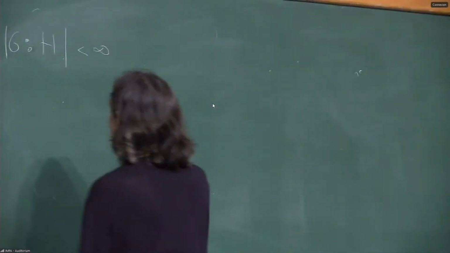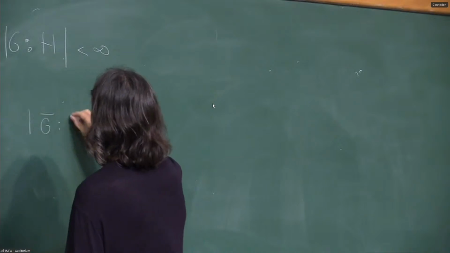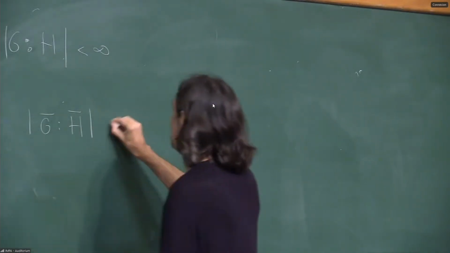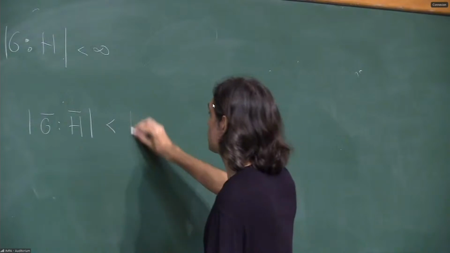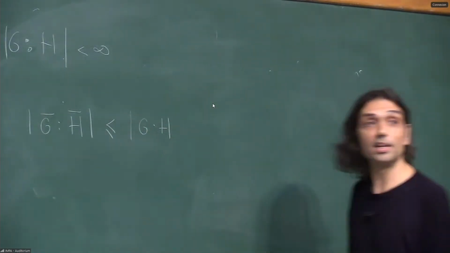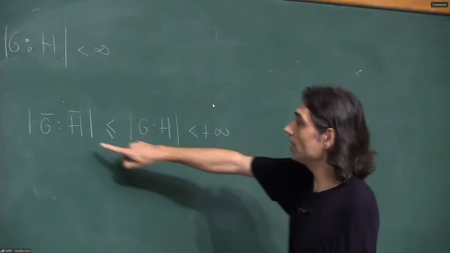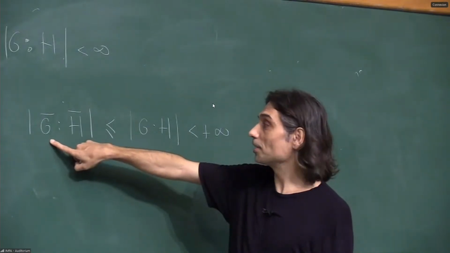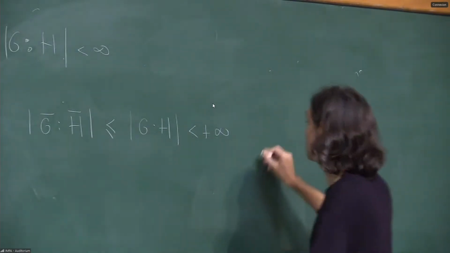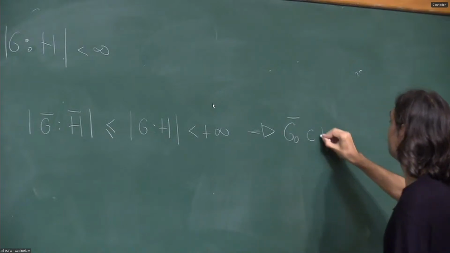Because what happens here is that, as we said, the index of the closure of H in the closure of G is smaller or equal than the index of H, which is finite, but now this is a finite index normal subgroup of the closure of G, so it contains the connected component of the identity.